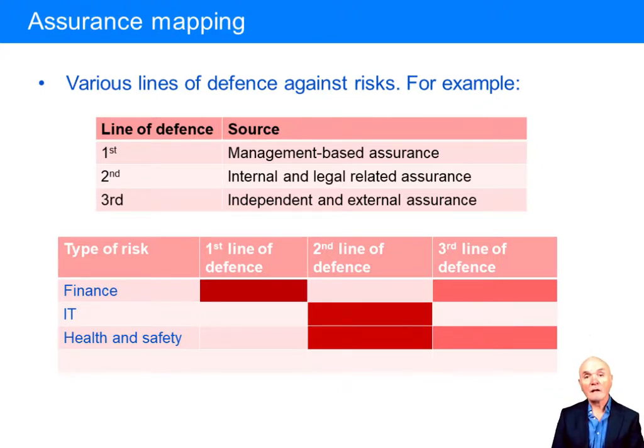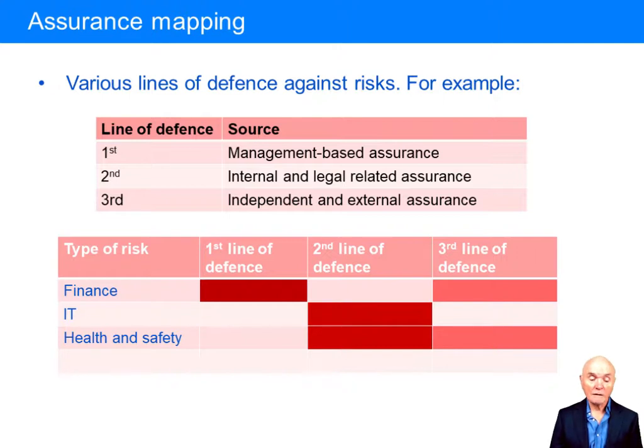And then you could have a third line of assurance, which could be independent and external assurance. So, for example, you could get an independent consultant coming in who tries to break the system, and who can then conclude that, yes, this is a pretty good system, pretty watertight, no breaches seem to have been made, and that's another line of assurance.